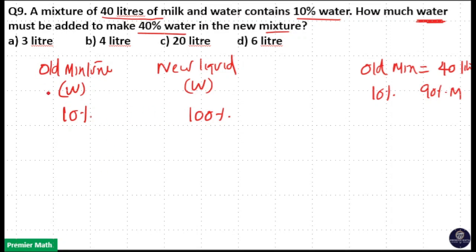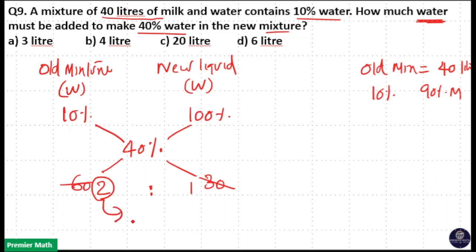By mixing these two, the old mixture plus the new liquid water, the resulting mixture contains 40% water. So use alligation. 40 minus 10 is equal to 30. 100 minus 40 is equal to 60. So 60 is to 30, that is 2 is to 1, the ratio of old mixture to new liquid.